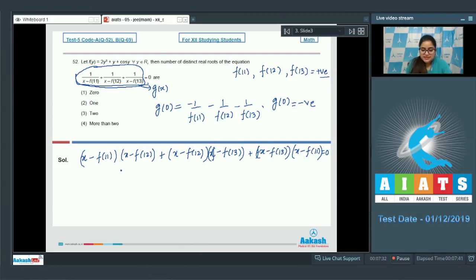So this is a quadratic equation where the coefficient of x² is always positive. So this is an upward parabola, and you have seen that the value of g(0) is negative. So it is very much clear this equation has two real roots. So your answer is option number 3. I hope you understand this question. Now move on to the next question.